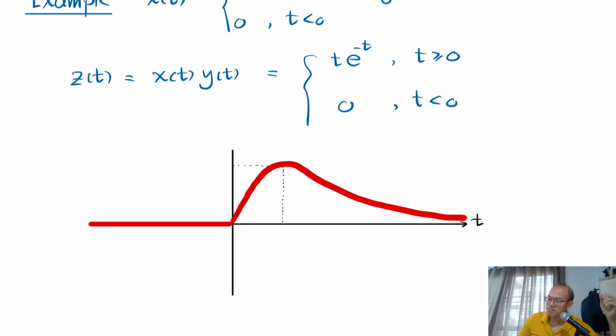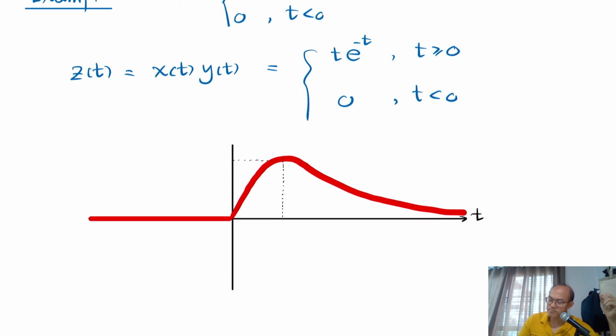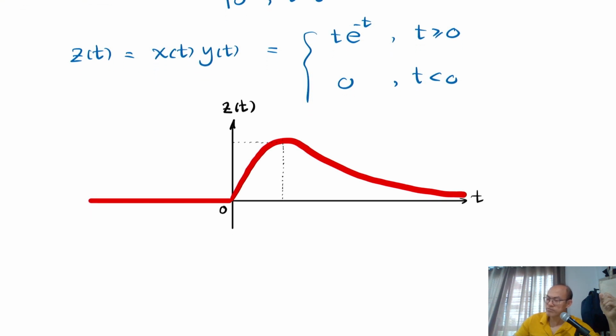And what is the maximum value of z? Okay, let's see if I can do this. If I want to find the maximum value of z, right? So I have to differentiate z with respect to time.